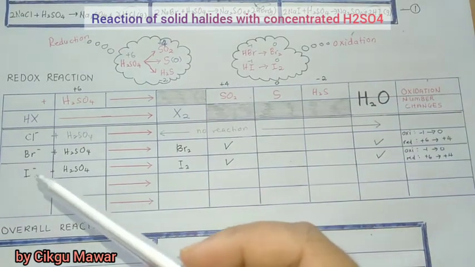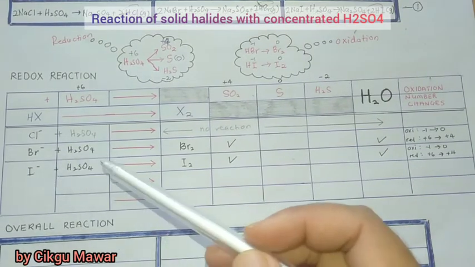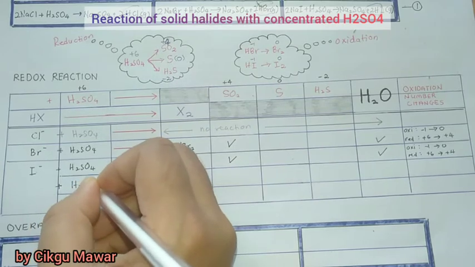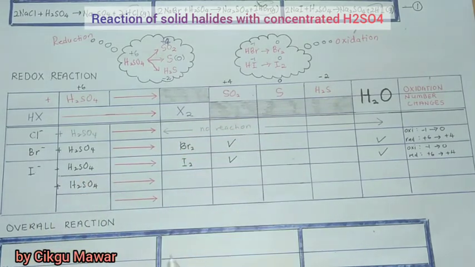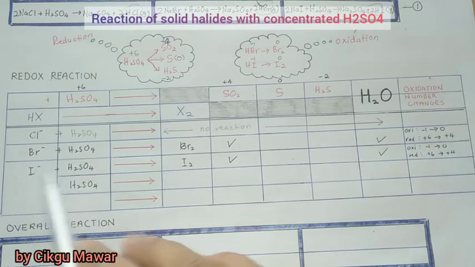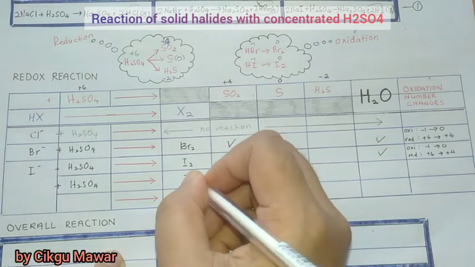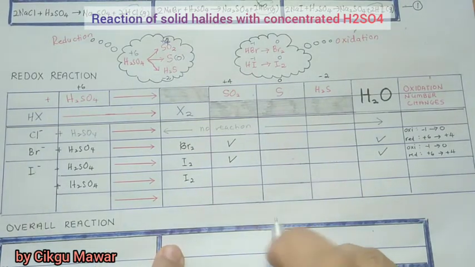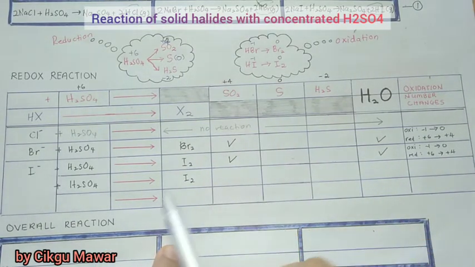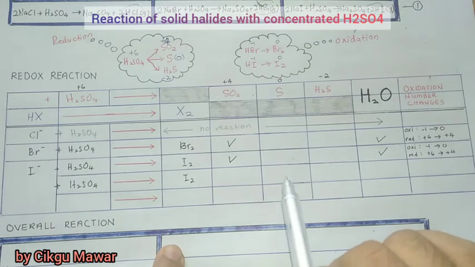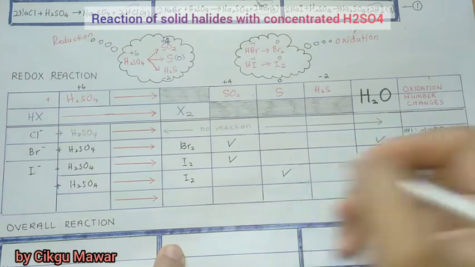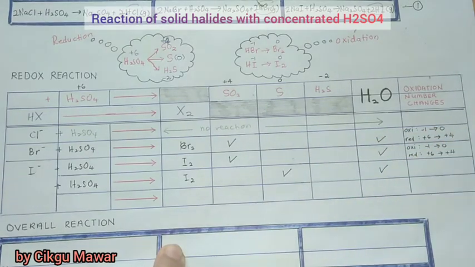The second reaction of iodide with the sulfuric acid that we can observe here: for the oxidation, for sure it will release iodine gas, and the second possibility that sulfuric acid will be reduced to is sulfur itself, and of course water.